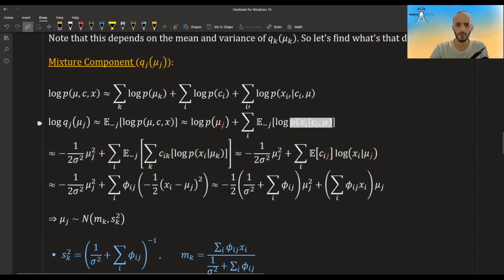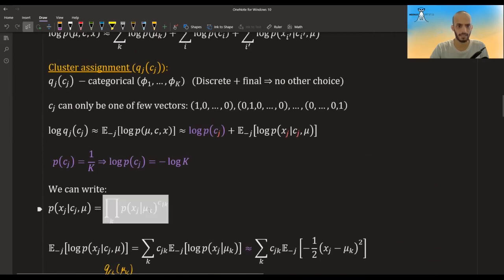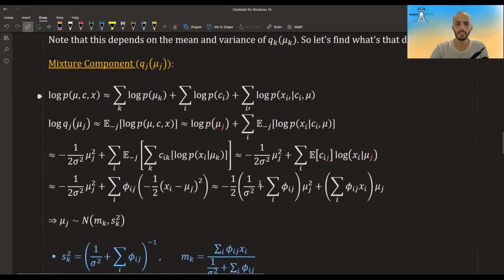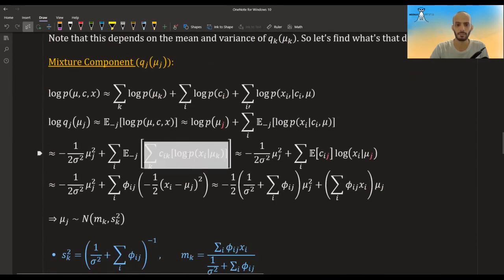And just as before, when we wrote this thing, if you remember, as this, then we can take the log of it, and we are left with this expression, right? As we did before. And now instead of having the sum over k, since we don't care about any component here that doesn't belong to mu_j, we will just throw them away, and we will only be left with this expression over here that does belong to mu_j.